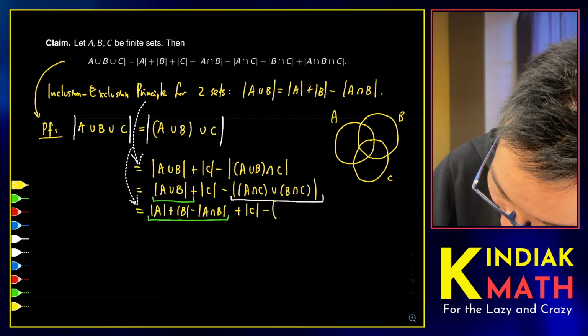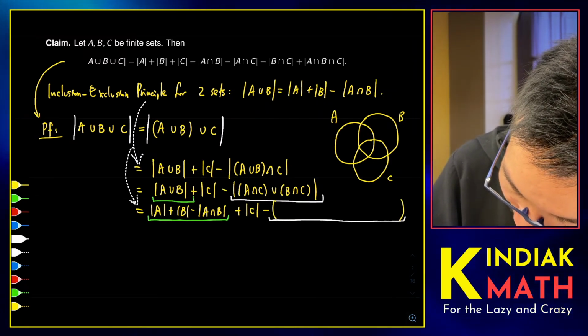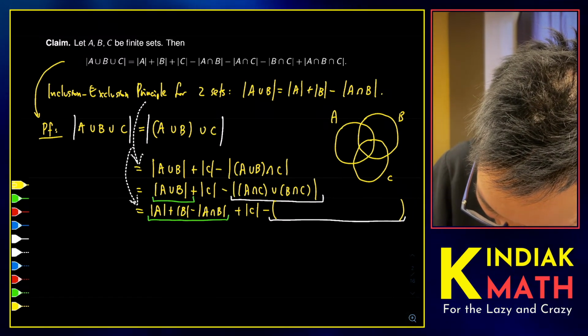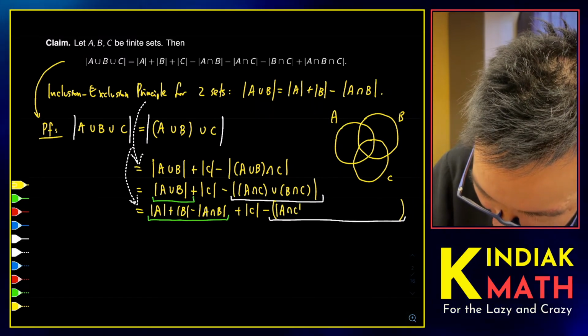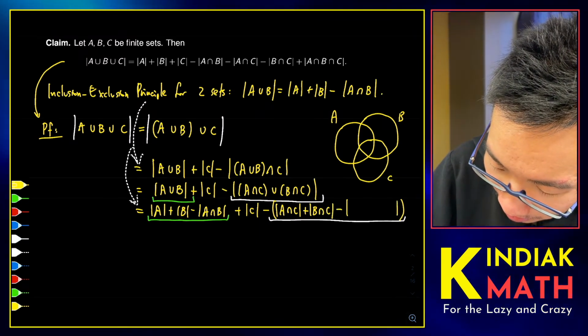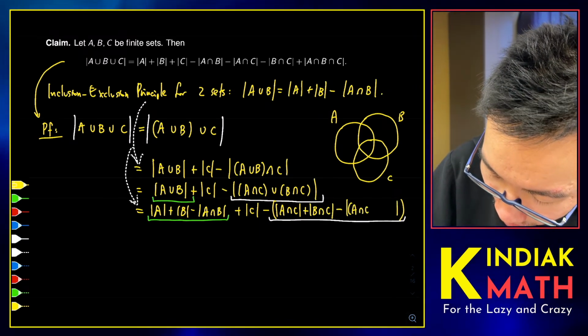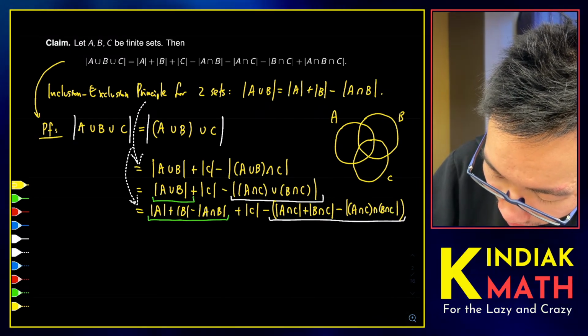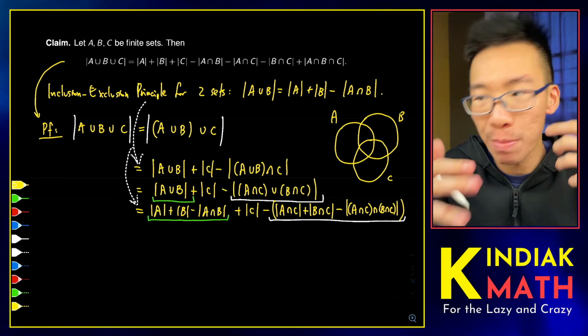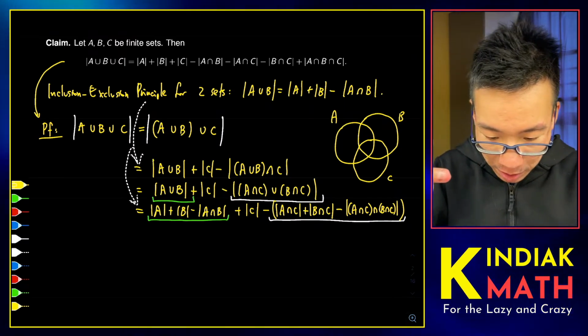So let's put a bracket over there. And let's write this as A intersect C plus B intersect C minus the intersection of the sets. This is by the inclusion-exclusion principle for 2 sets.